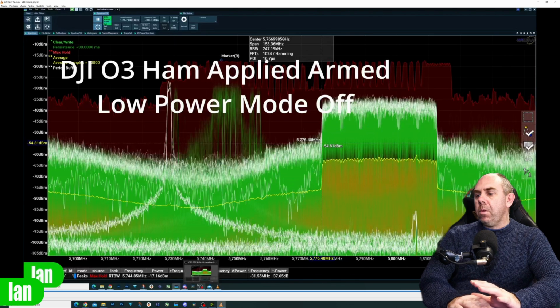Now, what this means is the air unit only goes to maximum RF when it receives an MSP arming command, regardless of the status of low power in the goggles. But it means if you're someone that is flying without a flight controller and you're turning off low power mode, you are not getting the maximum output that is available from the system.